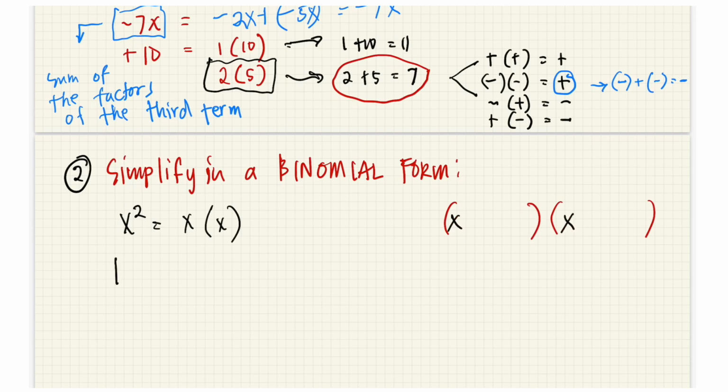Now what is the factor of positive 10? It could be negative 2 times negative 5. So therefore we have here negative 2 times negative 5.